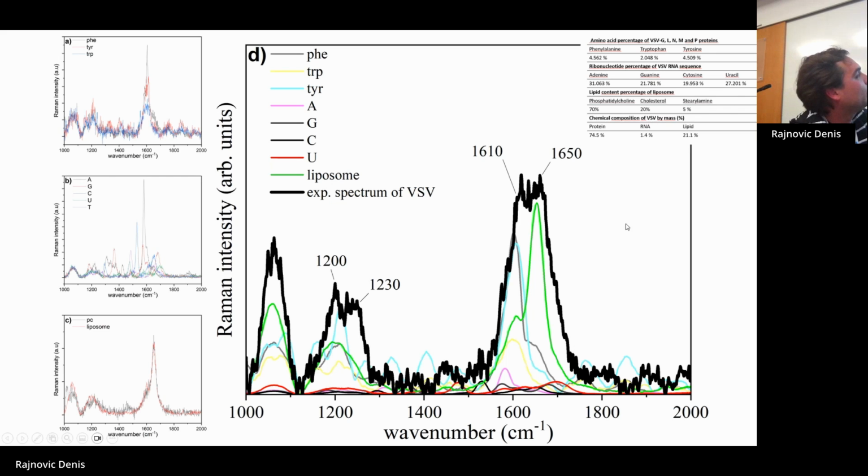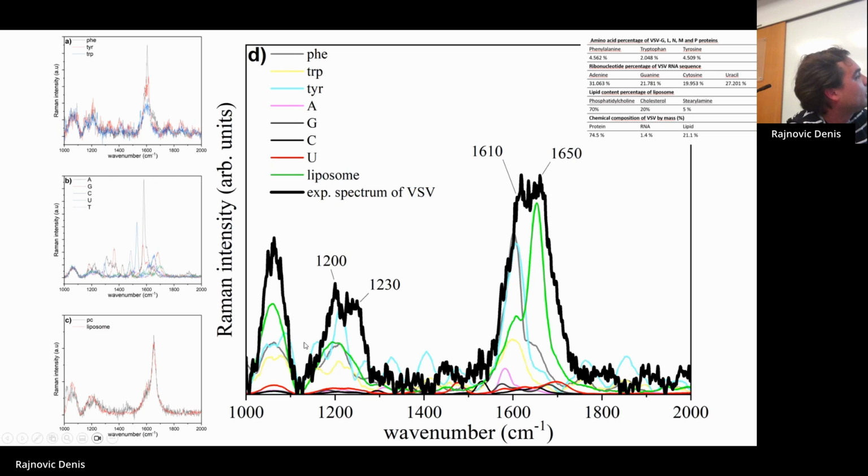So here we can see the band at 1600, let's say the first horn is 1610, the second is 1650. The signal at 1650 arises mainly from the lipid part, while 1610 from the amino acid part.